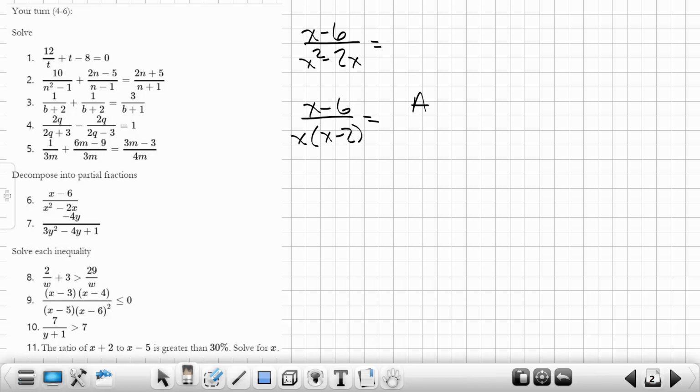So this is a over x plus b over x minus 2. So I factored x squared minus 2x into two different things. So obviously I'm going to multiply both sides by that denominator.